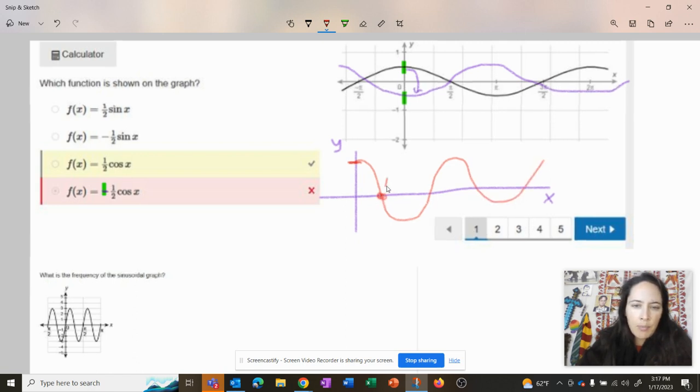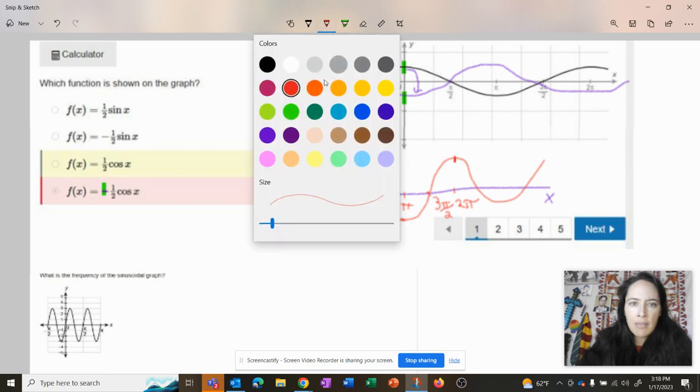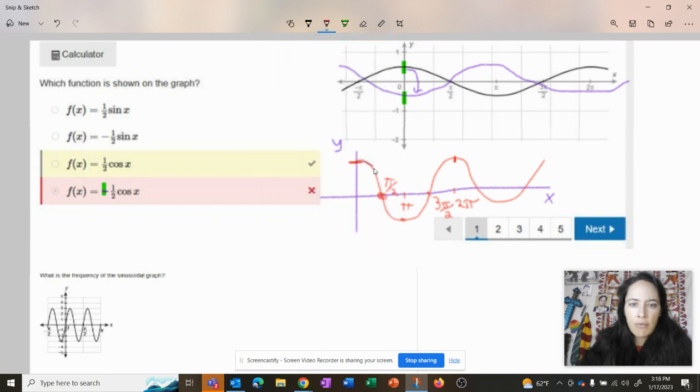Cosine would cross the x-axis at pi over 2. Its minimum should be at pi. Come back across the x-axis at 3 pi over 2. This is like the unit circle and those criticals. And then finish at 2 pi. By finish, I mean complete one cycle before repeating itself.